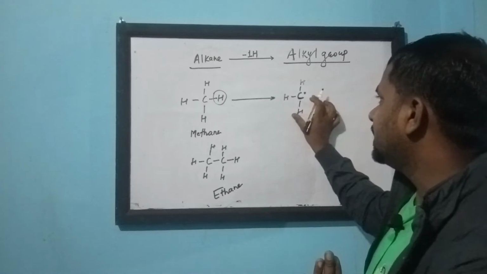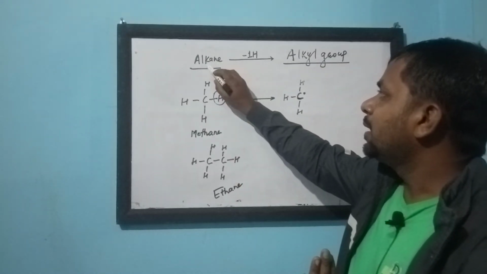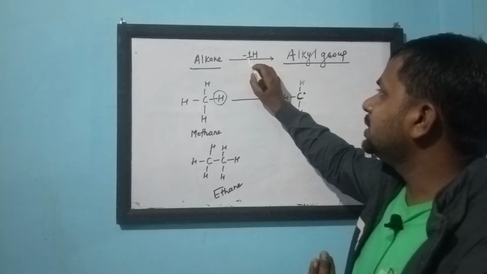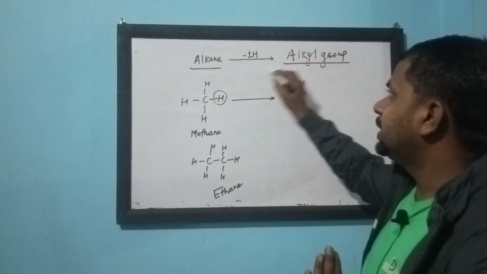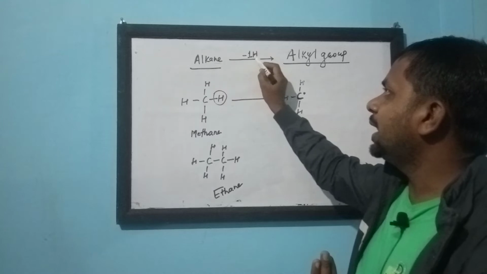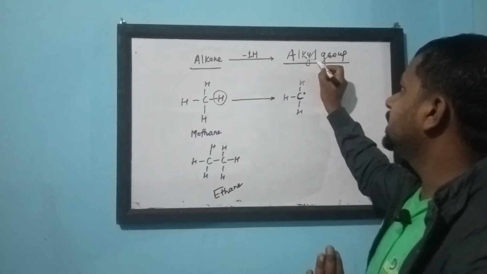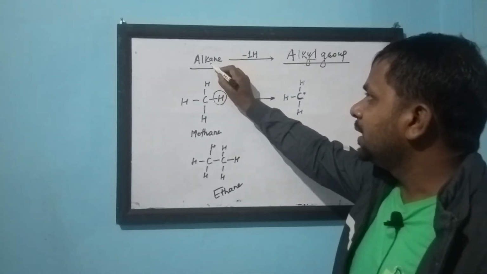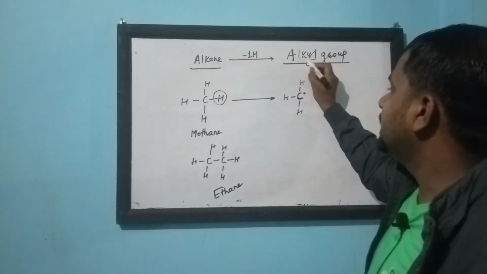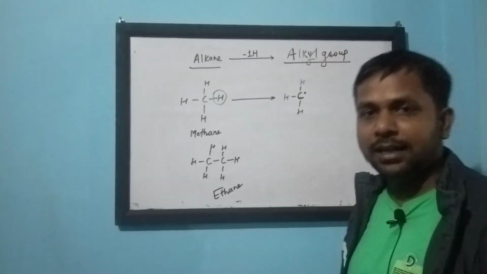Then what is the name of this alkyl group? We can see from here. Alkane, one hydrogen removed, it becomes alkyl. From alkane, the A and E is removed and YL is added over there.